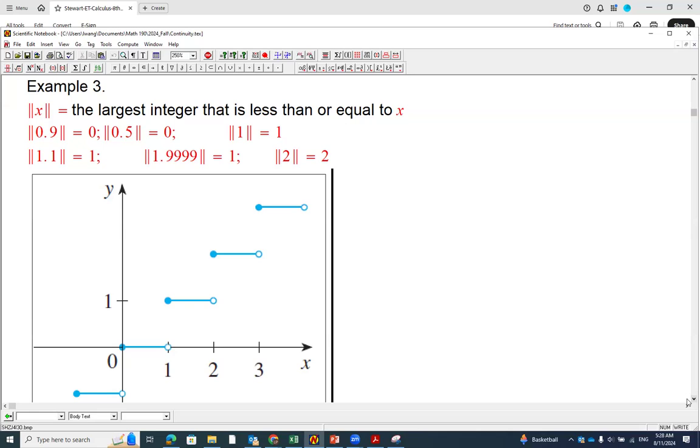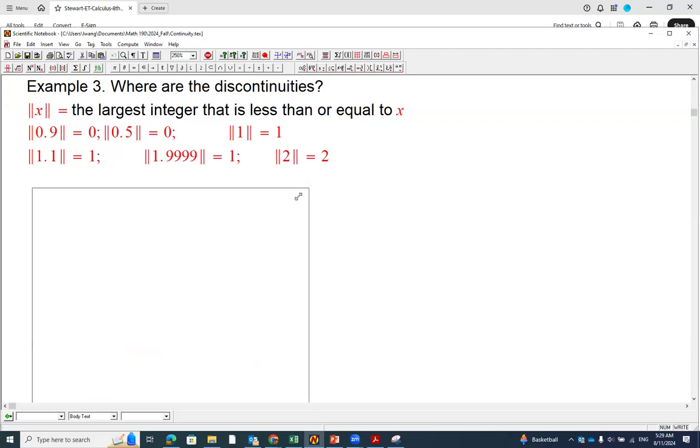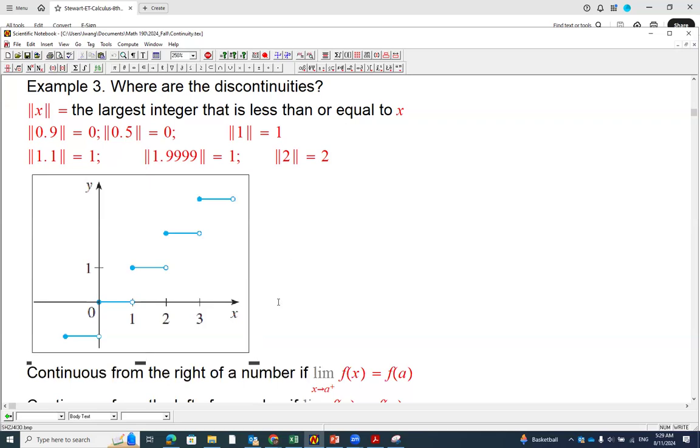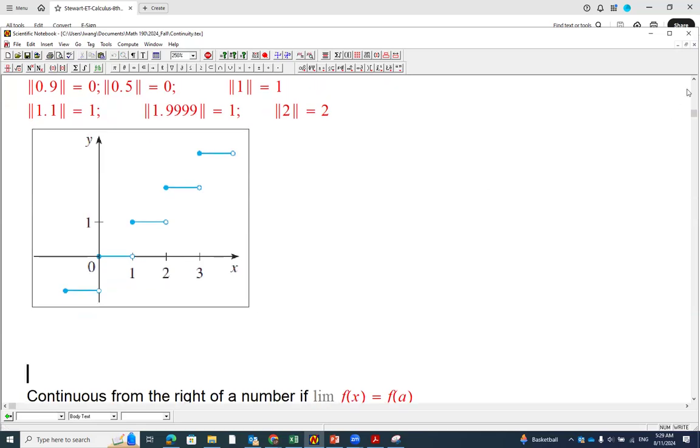Okay, so let's look at the points of discontinuities. I put plural because, as you see in this picture, there are a lot of discontinuities, and there are also lots of points of continuity.